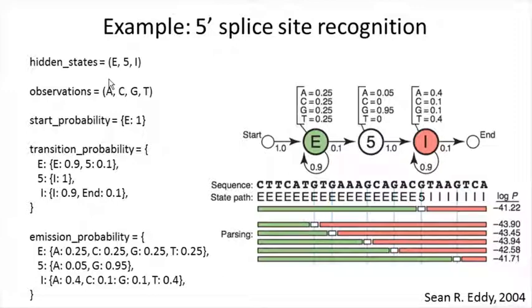We are going to identify where the exon switches to the intron. The information we can get is based on the sequence statistics of bases.